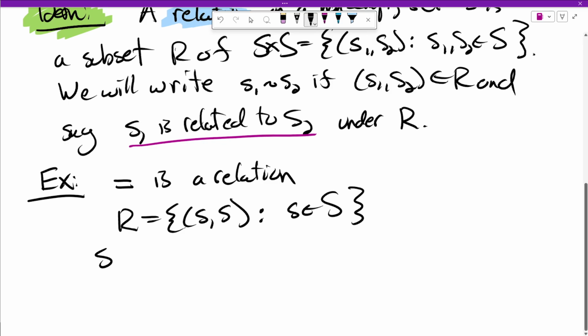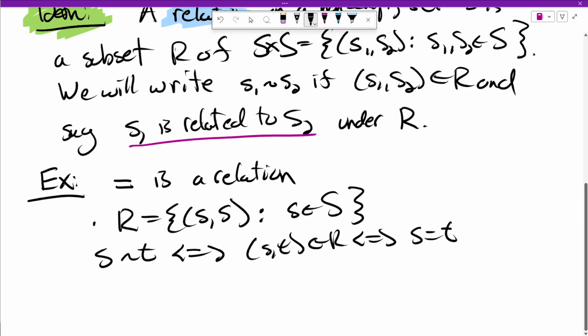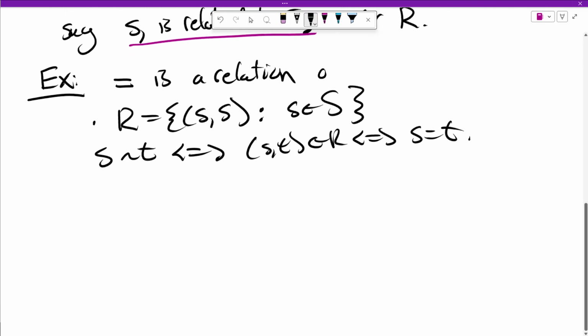And s is related to t if and only if (s, t) is in R, but that happens if and only if s is equal to t, if they're the same element, because to be in R you have to have the same first coordinate as your second coordinate. So this is an example of a relation, and this is a relation on any set. Sort of the highest form of equality on a set.